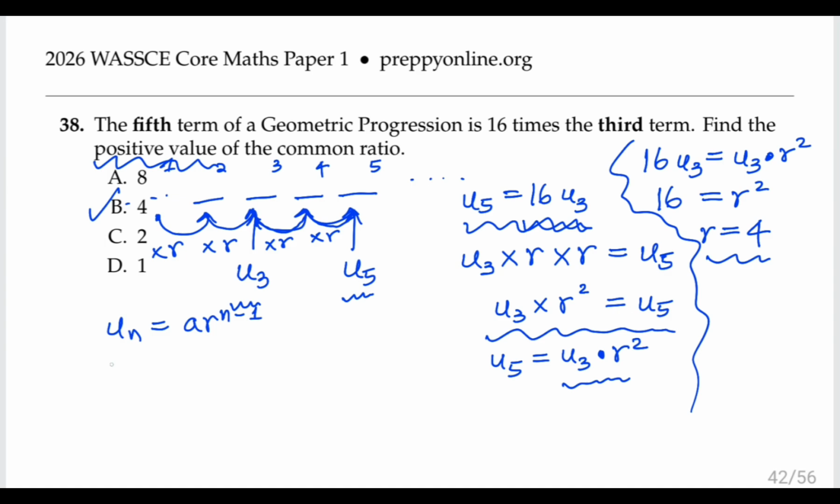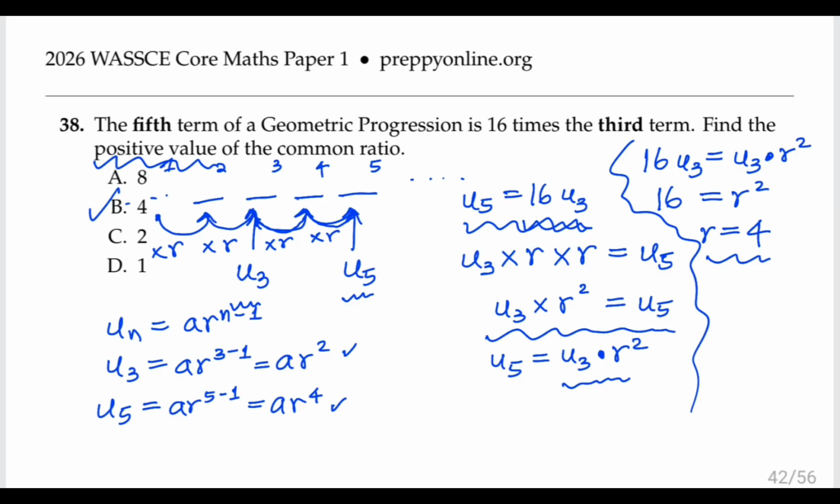That means that u3 is a times r to the power 3 minus 1, which is equal to ar squared. And then u5 equals ar to the power 5 minus 1, which is equal to ar to the power 4. So u3 equals that, u5 equals that.